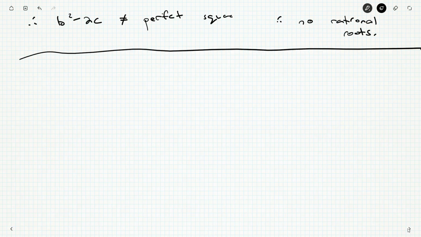Okay, but why does this work? Well, suppose it were a perfect square, k squared. Now, k is odd or even, so I can either write k as 2n plus 1 or as 2n, depending on the case.